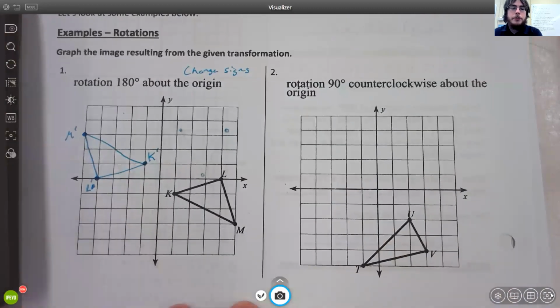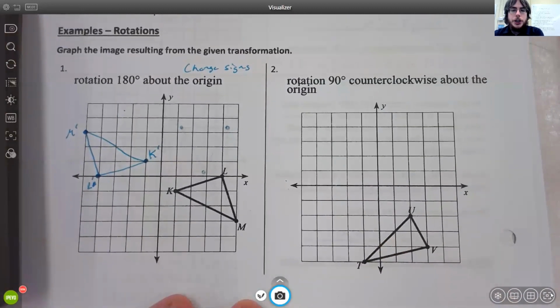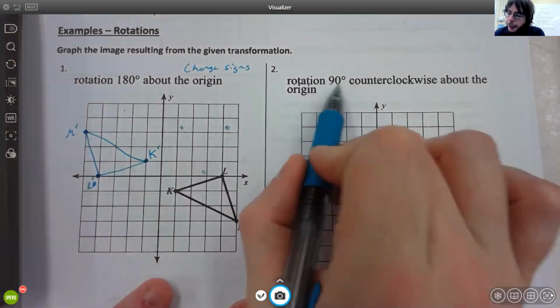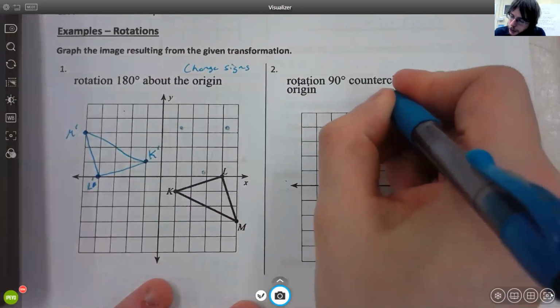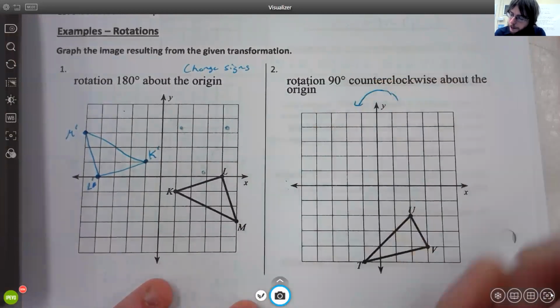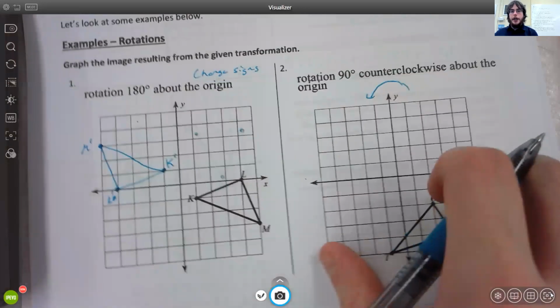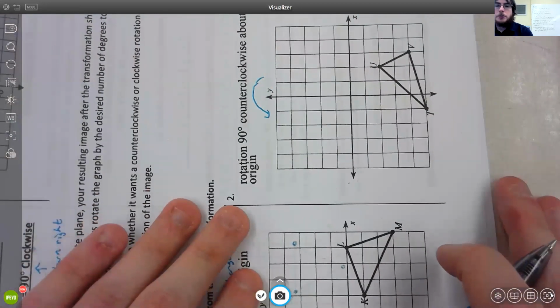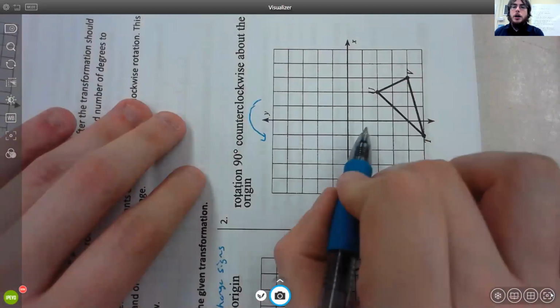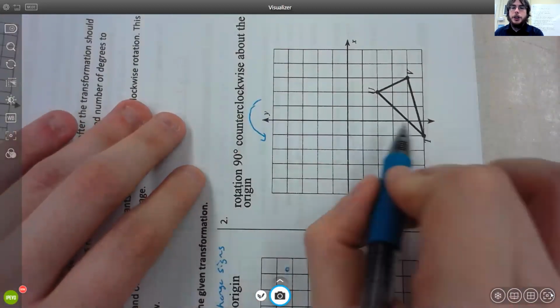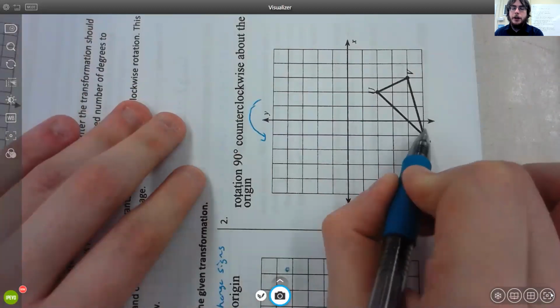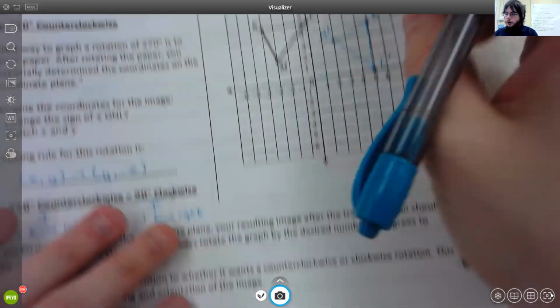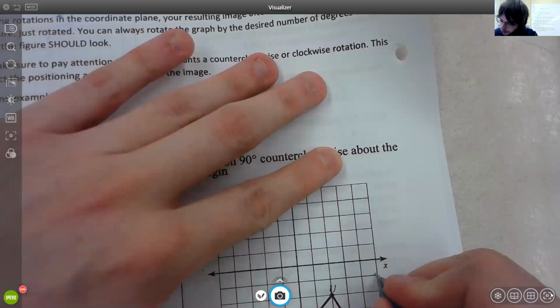All right, now let's look at number 2. Number 2 wants a rotation 90 degrees counterclockwise about the origin. So 90 degrees counterclockwise. So we're going to be rotating our figure to the left. So our paper needs to be like this. So we're looking at T, the new coordinates for T. We have to go right 5, down 1. So our new coordinates for T are 5, -1.